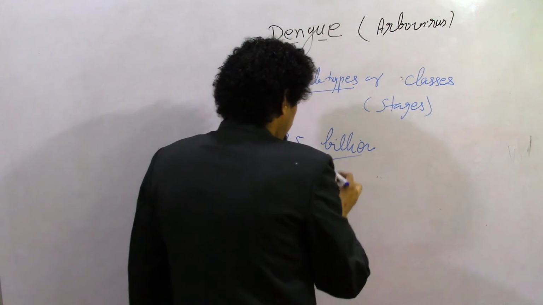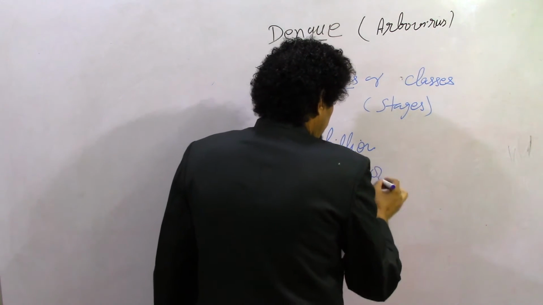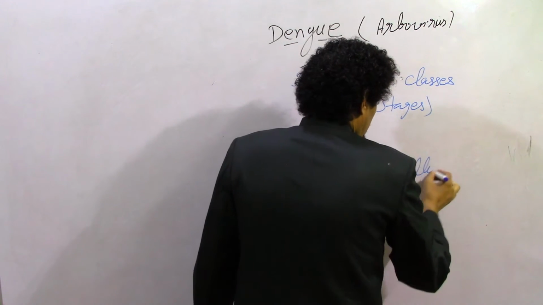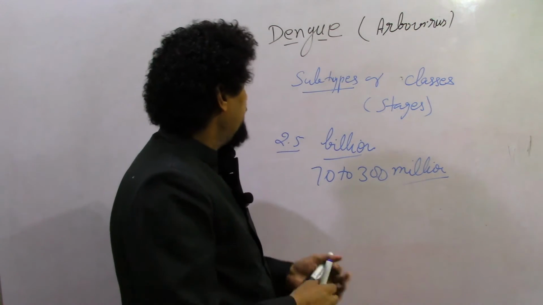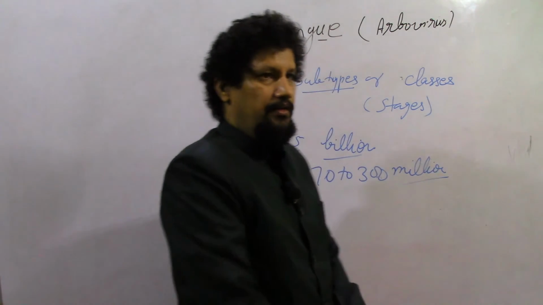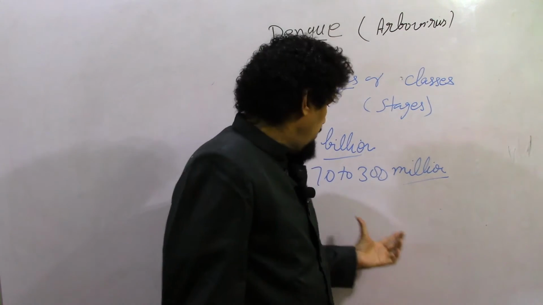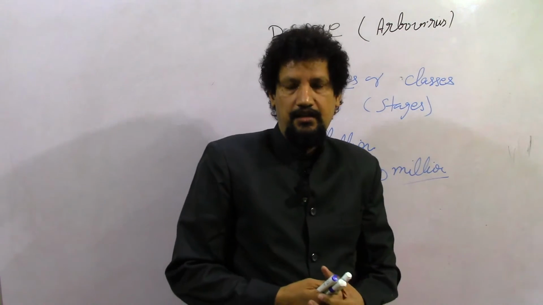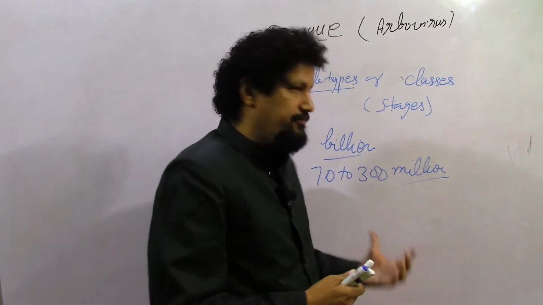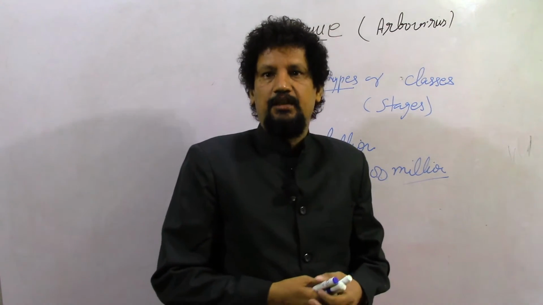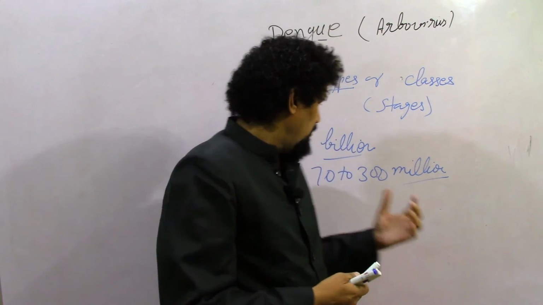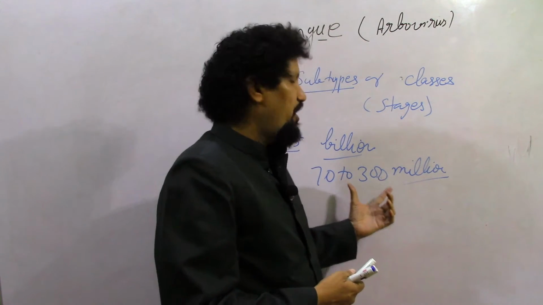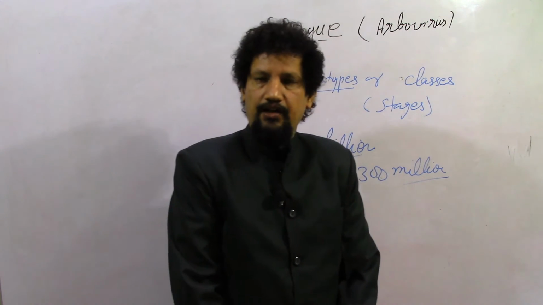About 70 to 300 million people are infected by the dengue virus yearly, and several thousand people suffer from the more severe form, dengue hemorrhagic fever.